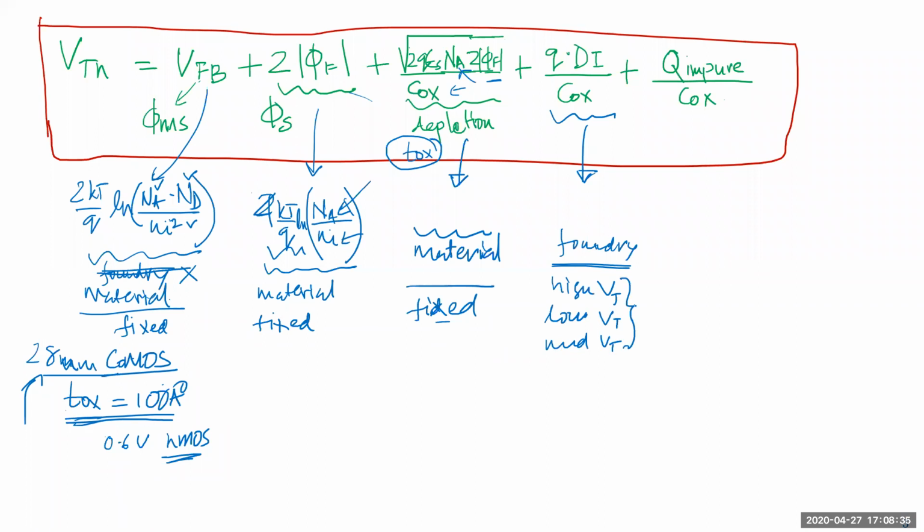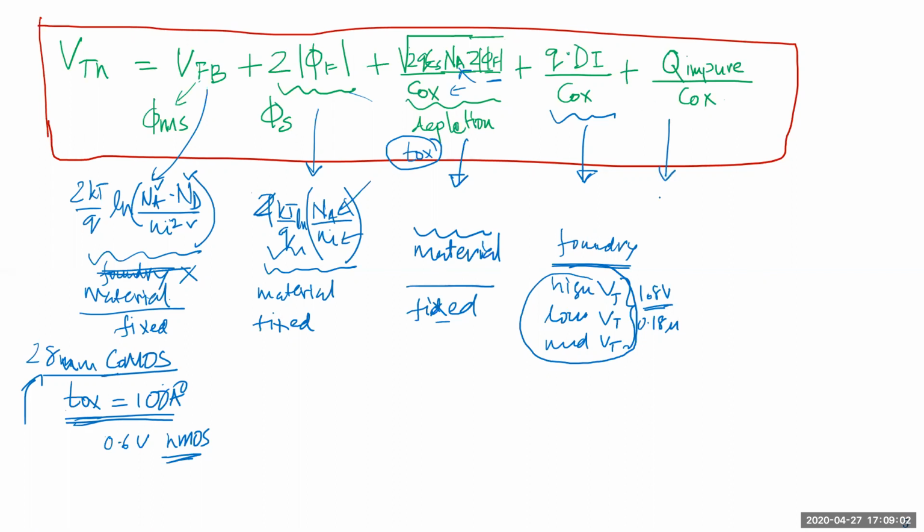These are three flavors of, let's say, a 1.8 volt, 0.18 micron technology I choose. It's decided by the foundry, but it comes fixed. I can choose 0.7 volt VT, 0.5 volt VT, or 0.2 volt VT, depending on the type of circuit. If I want high performance, I choose low VT. If I want low power, I choose high VT, and so on. So that's also fixed by the foundry.